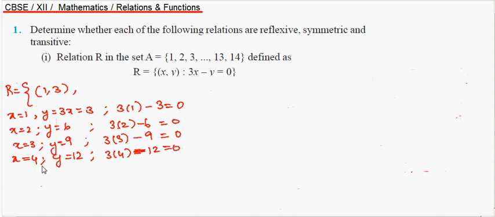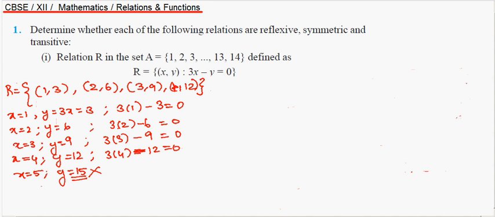Yes, this also holds good. When I take x is equal to 5, 3 times 5 will be 15, but this does not belong in set A, so I cannot take this. So our ordered pairs which belong to the relation are 1, 3, 2, 6, 3, 9, and 4, 12.